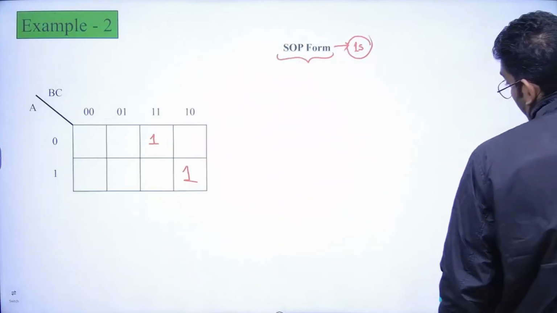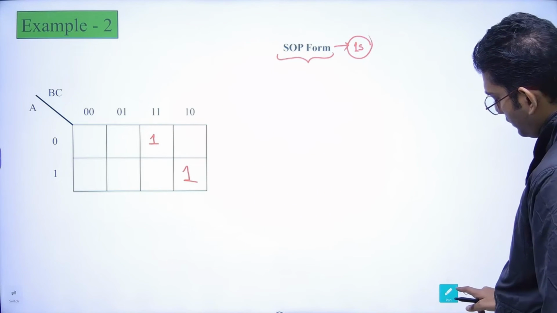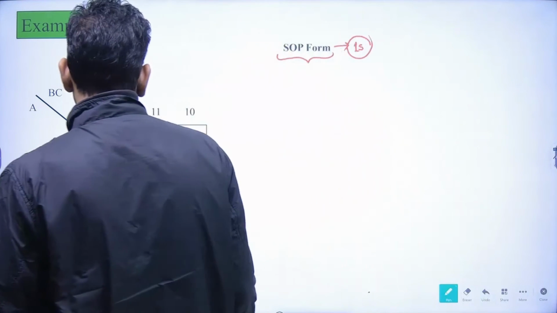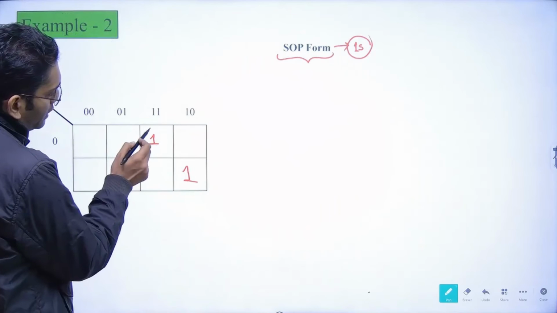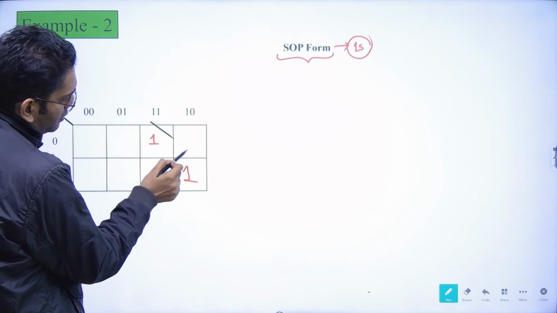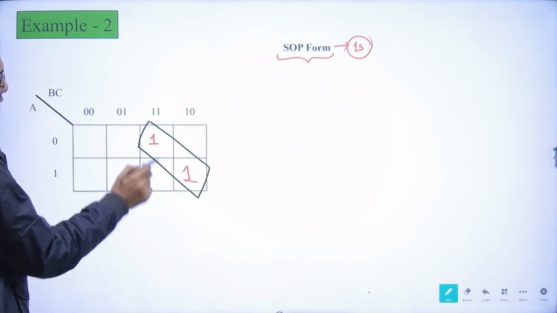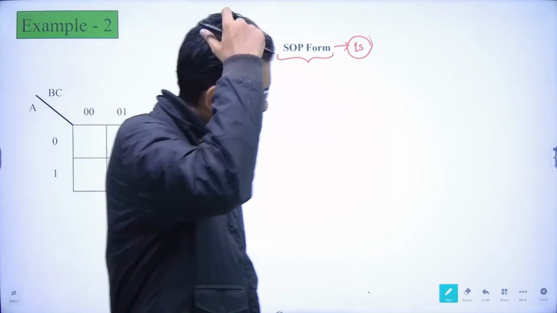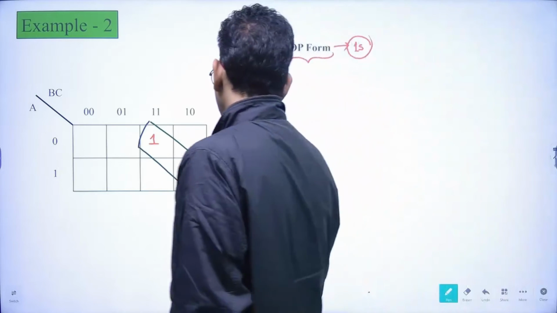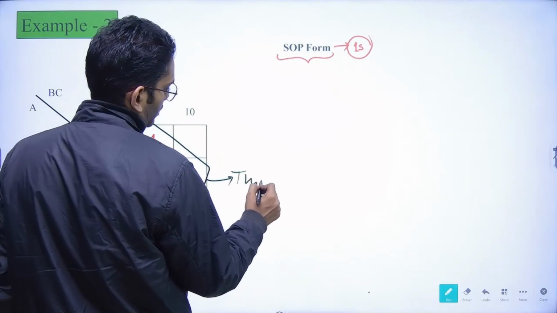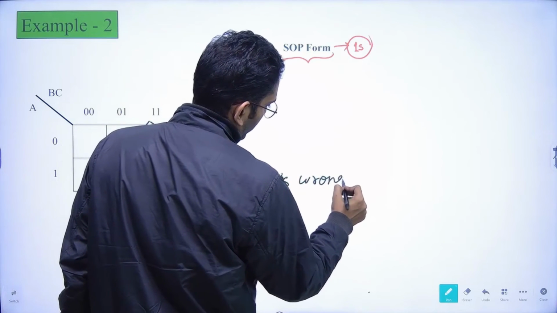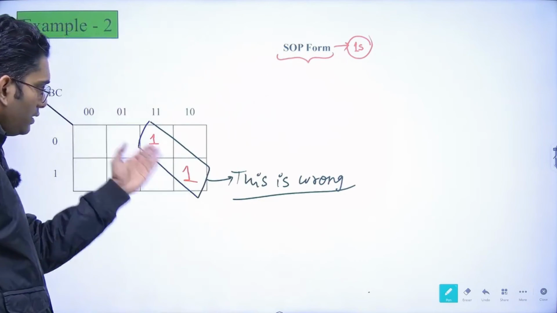Now you might be thinking that if we have to make a pair, we can make the pair in this format, but no. If you're thinking to make the pair in this format, then this is wrong. We can't do the pairing in this diagonal format.